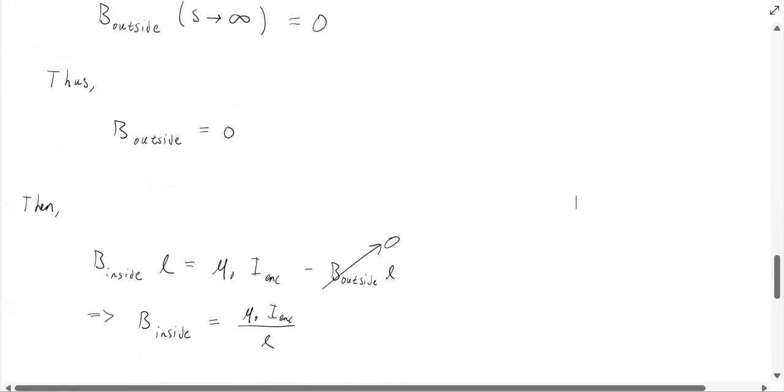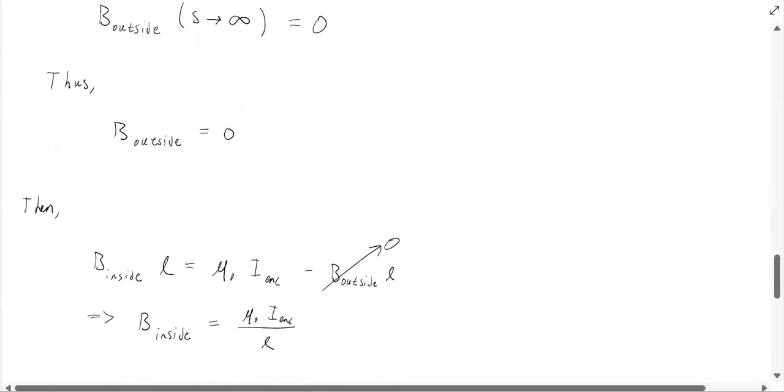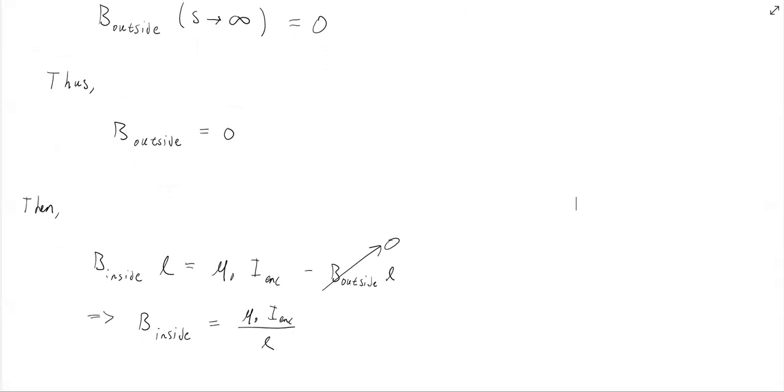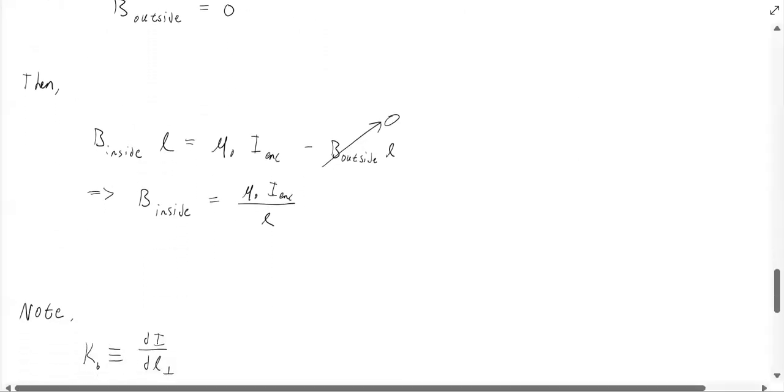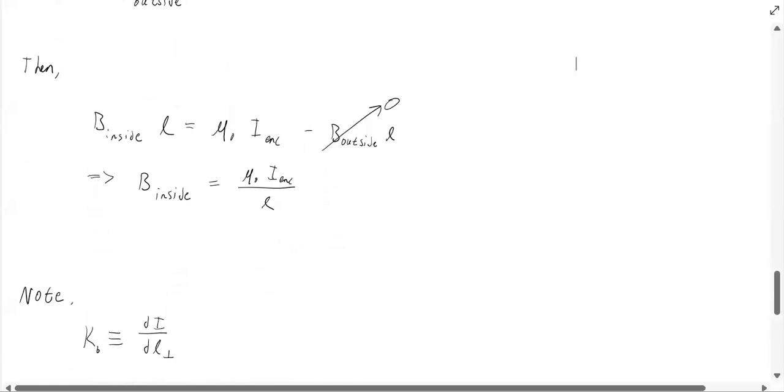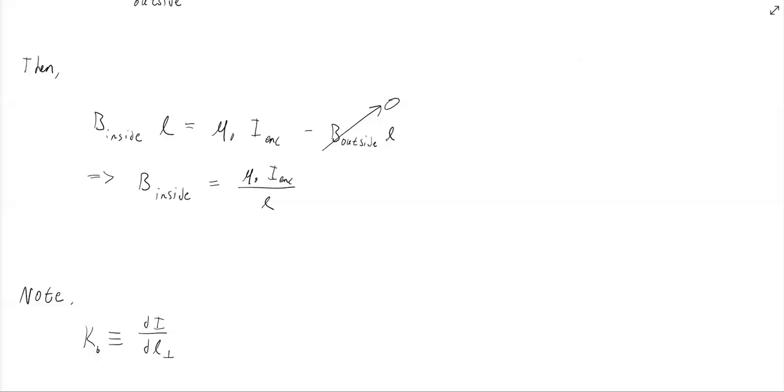And so our equation then becomes B inside, the magnetic field inside the solenoid, equals mu naught times I enclosed over the width of our Amperian loop L. And so to note, Kb can also be thought of as the derivative of I over the length, dI over dl, which is the length perpendicular to our current.